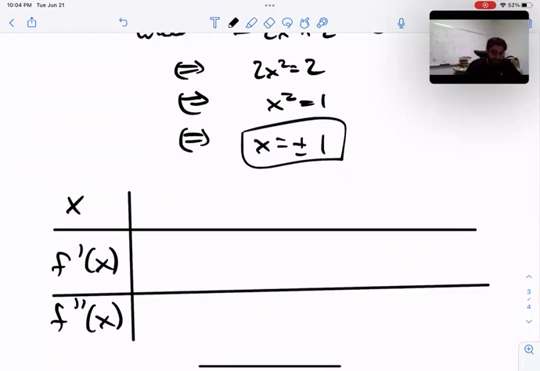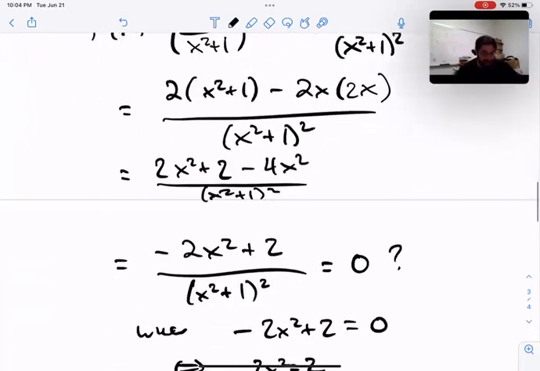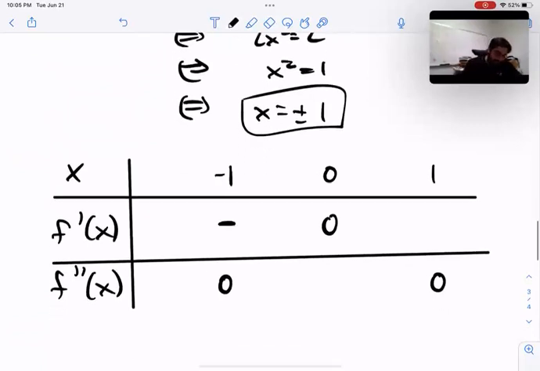We have some important points here on our graph. I have 0 where the first derivative is 0. I have minus 1 and 1 where the second derivative is 0. Right? So I'm getting some important points here. Then I can also say that f prime was negative over here. f prime was positive over here. Right?